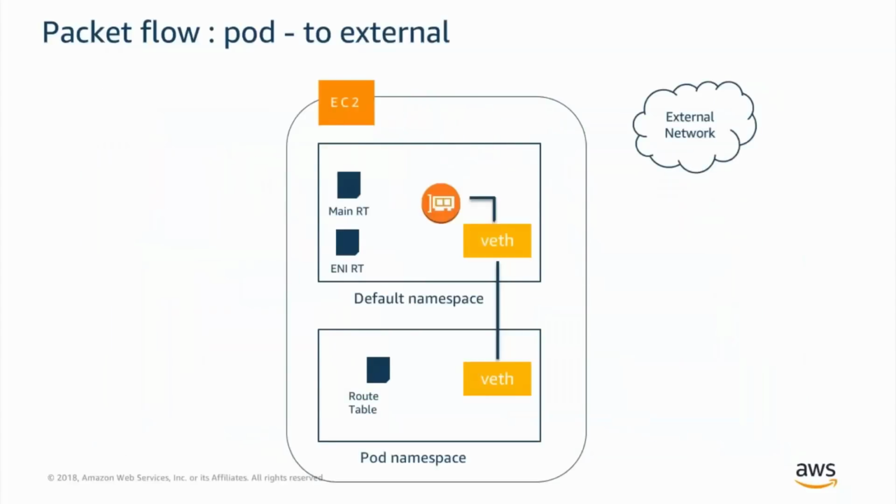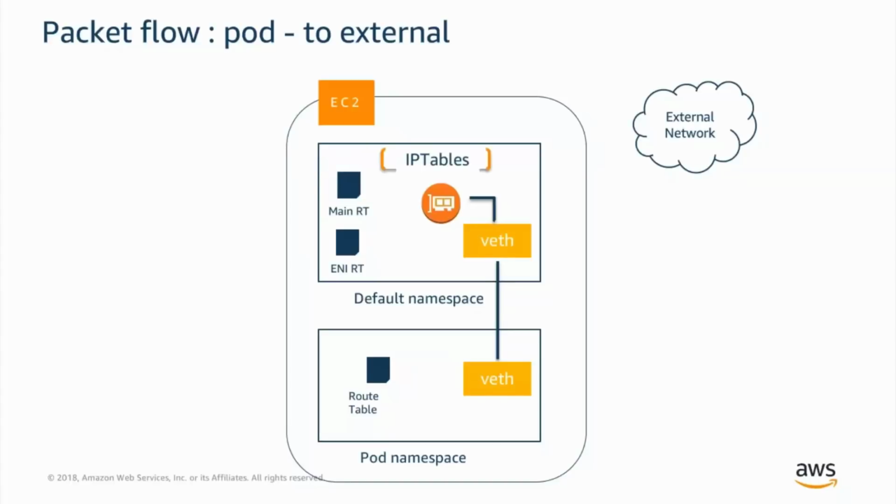Now if you want to see how the pod communicates with the external network, in this case the internet, or if you wanted to connect to your workloads that are running on your on-prem environment using VPN or Direct Connect, a similar type of implementation works.